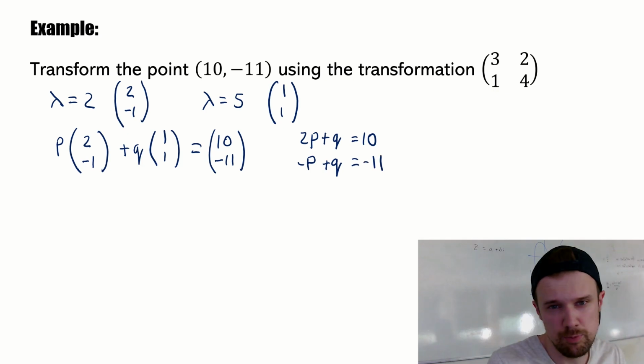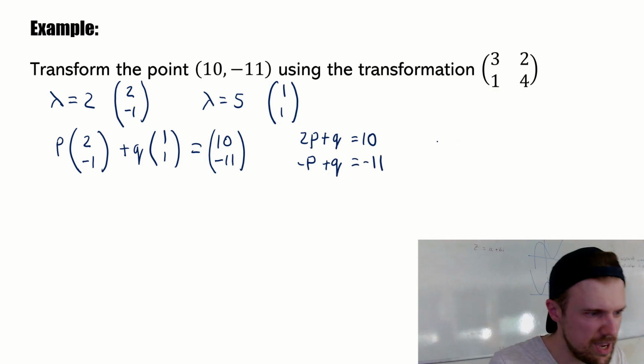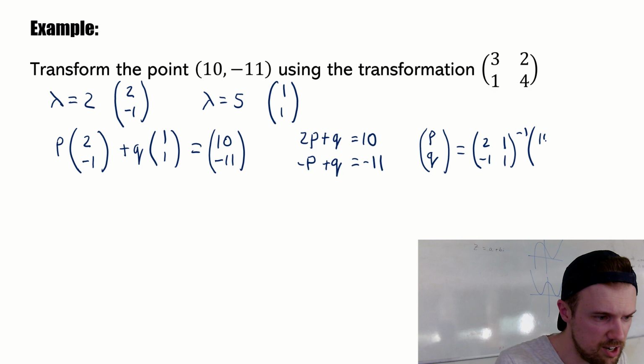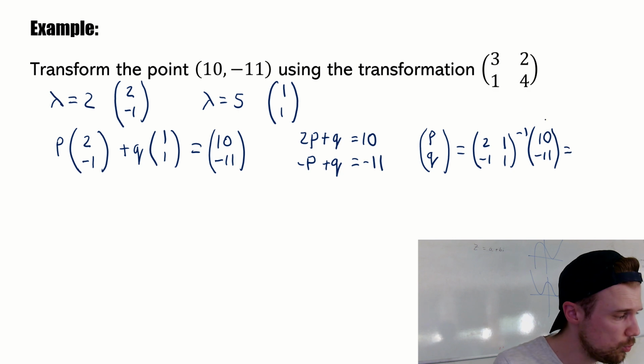You could solve those simultaneous equations manually, or you could even use matrices. So of course (p, q) is just going to end up equaling the inverse matrix for those coefficients, so [2, 1; -1, 1] inverse times (10, -11). And if you work that out, it will come to 7 and minus 4.